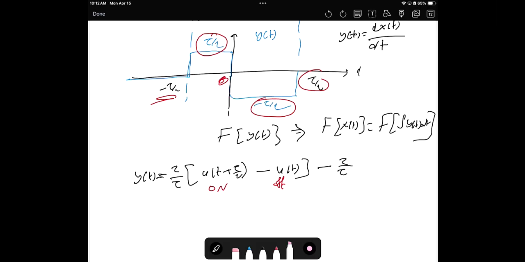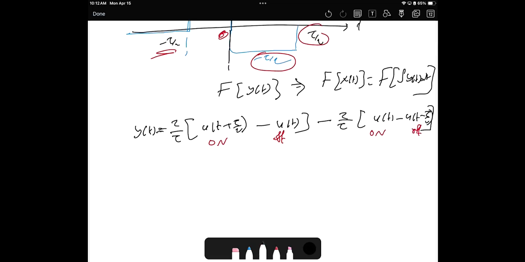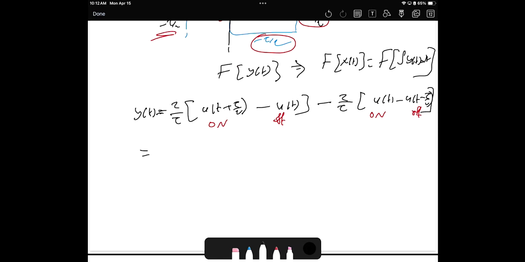So it will be negative 2 over tau, the on time u of t, minus the off time u of t minus tau over 2. This is the on time, this is the off time. Then let's simplify the time domain function, because we have similar terms: we have u of t here and u of t here.